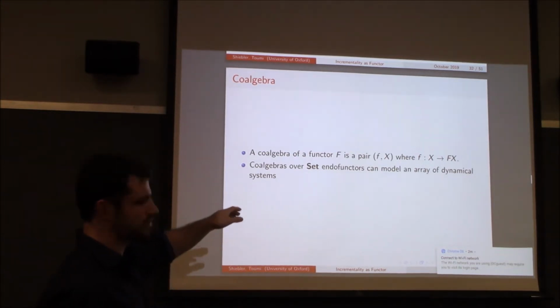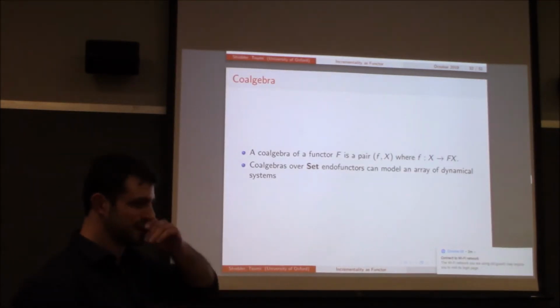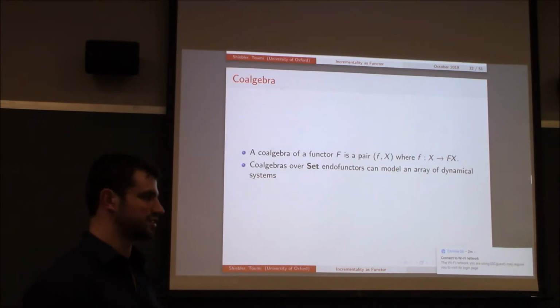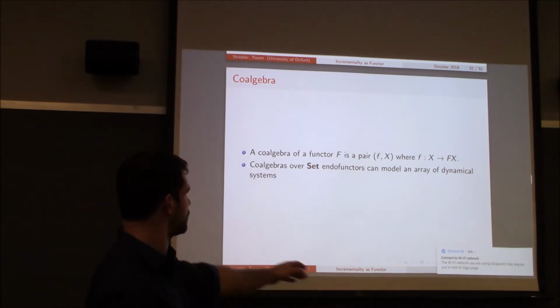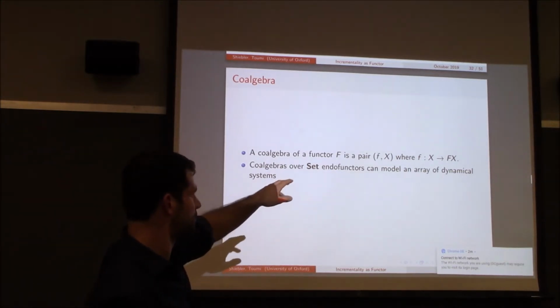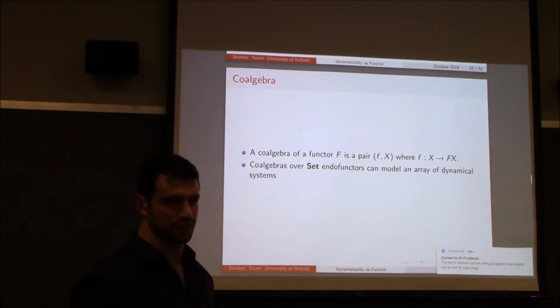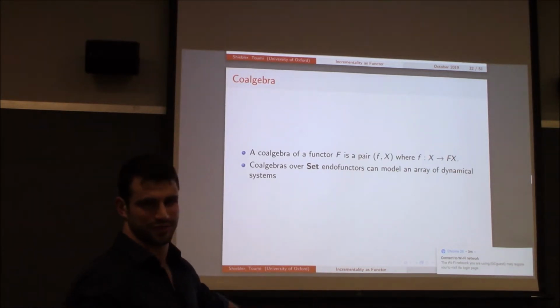Coalgebra is just a really nice, clean way to talk about dynamical systems in a formal fashion, in terms of signatures and implementations. For those of you who are not familiar, we're working with coalgebras of endofunctors over Set.